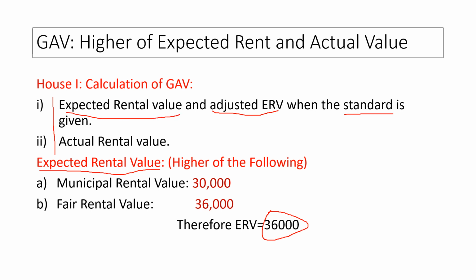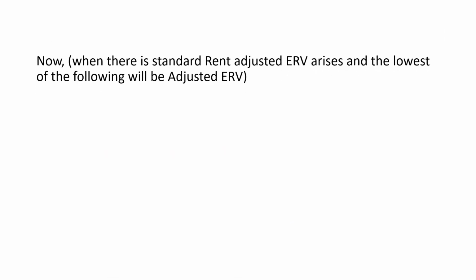So here standard rent is given, so we will be calculating adjusted ERV. Now there is a standard rent in the problem, so we are going to calculate adjusted ERV, and the lowest of the following will be considered as adjusted ERV.